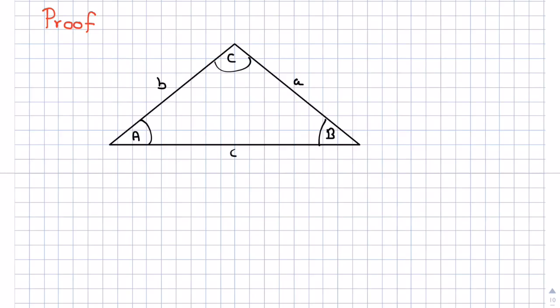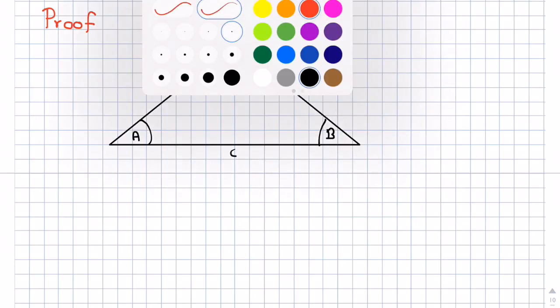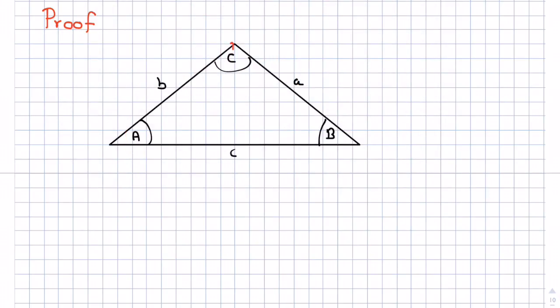And on this triangle, I'm going to drop a line down perpendicularly to the side C through the angle C. And because that meets the angle C at a perpendicular, we know that these are now two right angled triangles. Now, because they're right angled triangles, I can use my basic sine, cos and tan rules. Actually, before I go any further, I'm going to call this h for the height of that line there. So the height of that line is h.